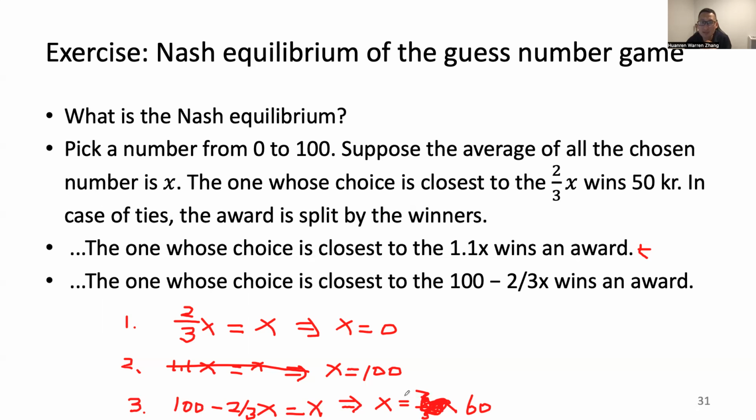Yeah. So the equation does not work because, if you calculate that, 0 is not a Nash equilibrium in this case, because if everyone chooses 0 and I choose 1, then the correct answer, okay, yeah, it could be 0 if there are a lot of numbers. But if everyone chooses 0 and I choose 100, it may drive up the answer significantly high enough so that 100 may be the solution.